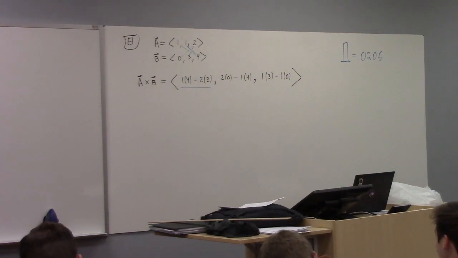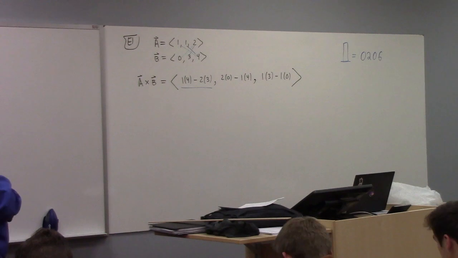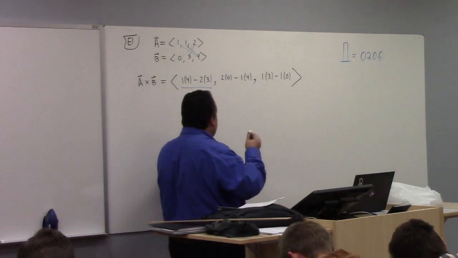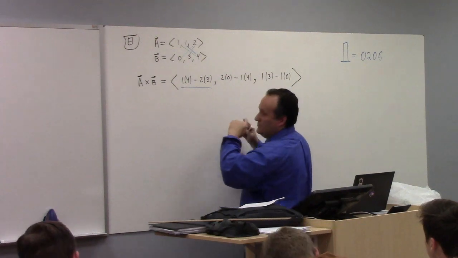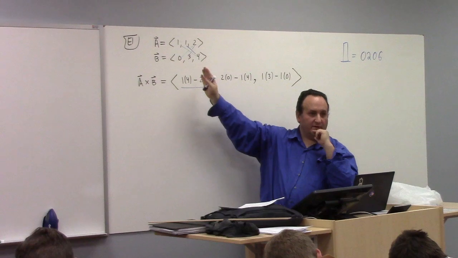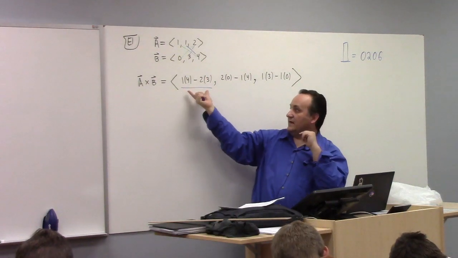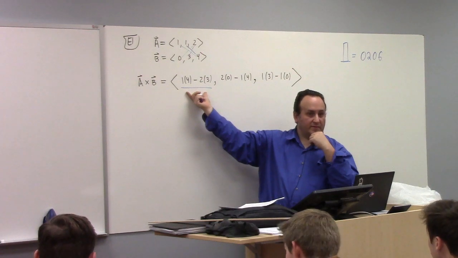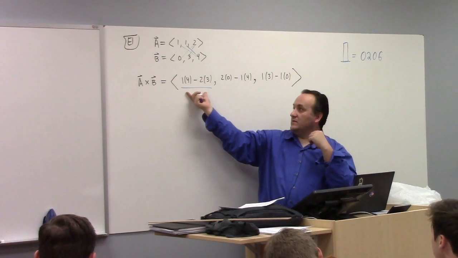Let me try to explain the pattern more to you. The pattern is this. For each component, you're only using the numbers from the components that you're not currently calculating. So when I'm looking at the 1 component, I'm only using the 2 and 3 components from the vectors being crossed. See that?